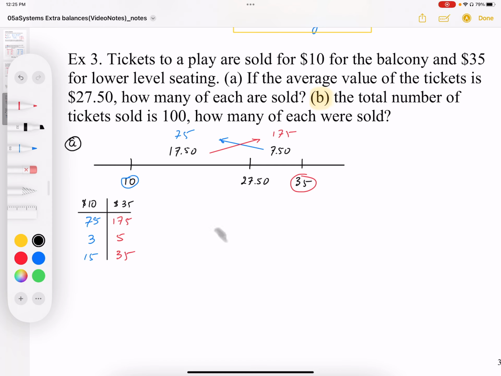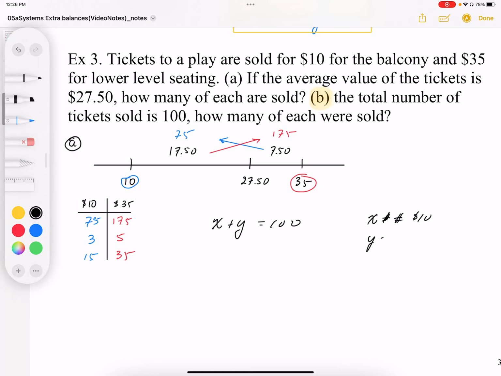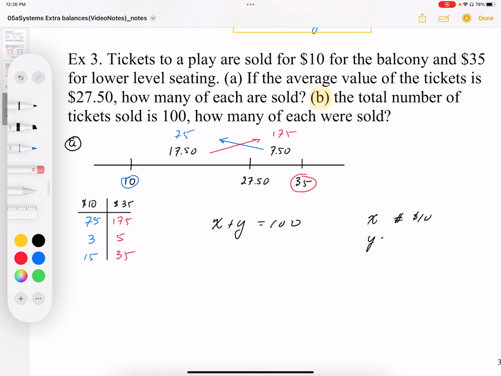So my system is going to look like this. I can say that x plus y equals 100, where x represents the number of $10 tickets, and y is equal to the number of $35 tickets.